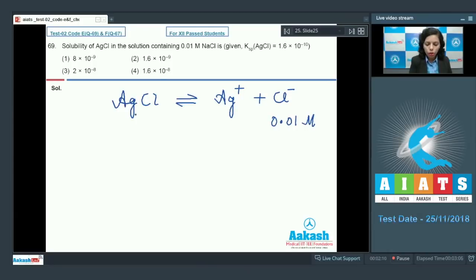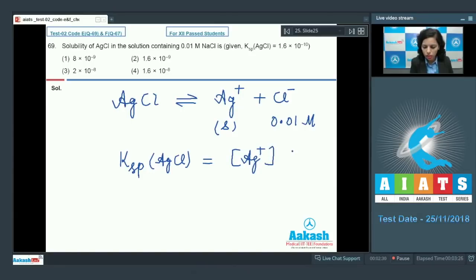Now, we just want to find out the solubility of AgCl, so we can find it with the help of the Ksp value. The Ksp value of AgCl will be equal to the concentration of Ag plus and the concentration of the Cl negative ion.